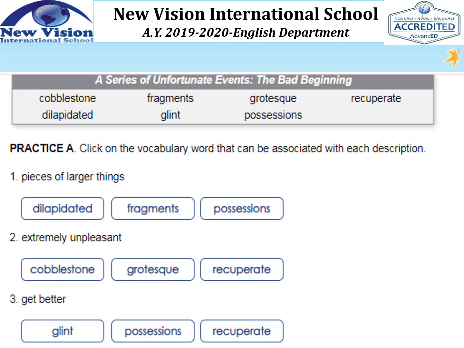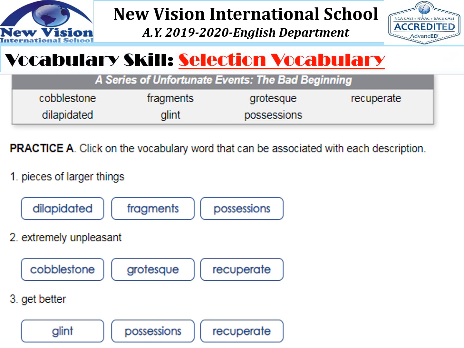Your selection, A Series of Unfortunate Events: The Bad Beginning. We have defined earlier these seven words. What are those again? We have cobblestone, dilapidated, fragments, glint, grotesque, possessions, and recuperate.